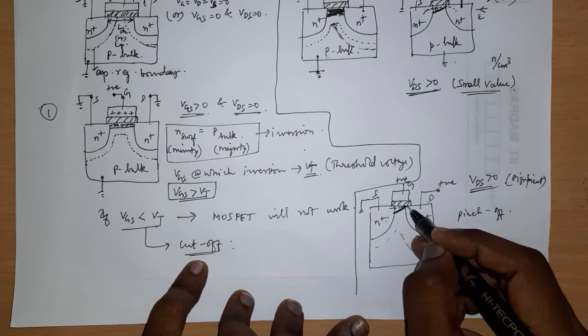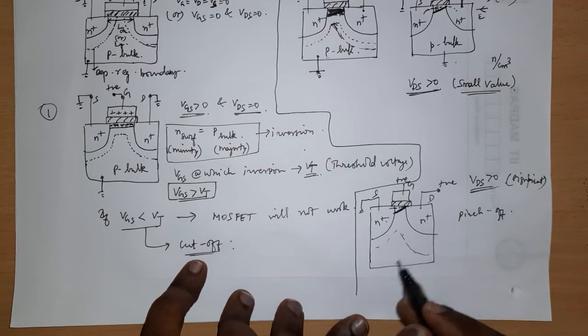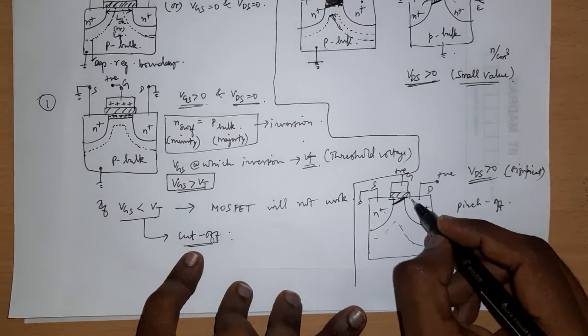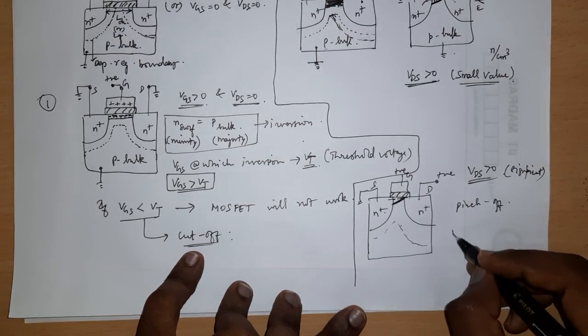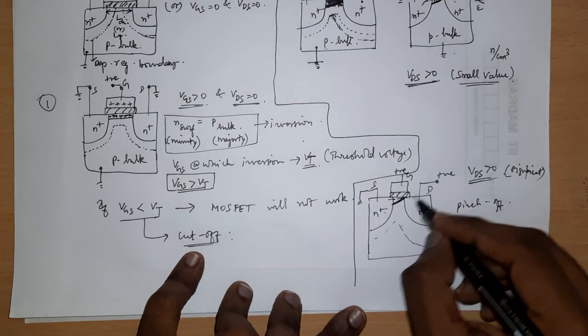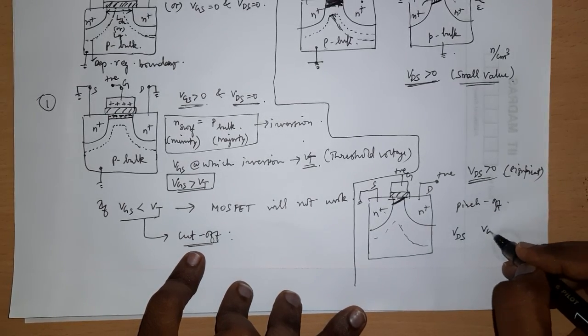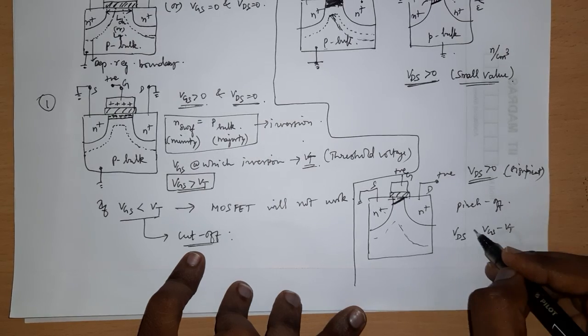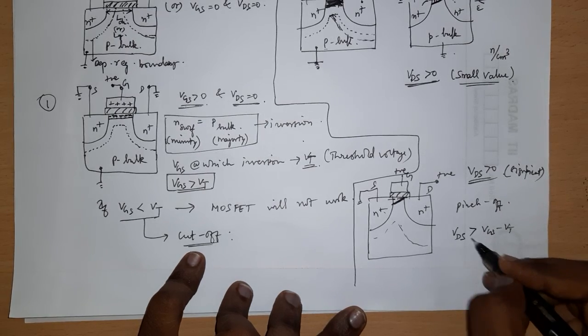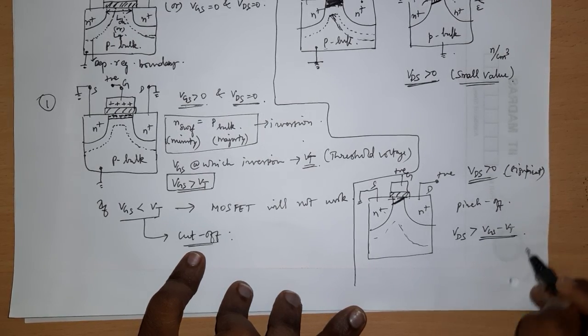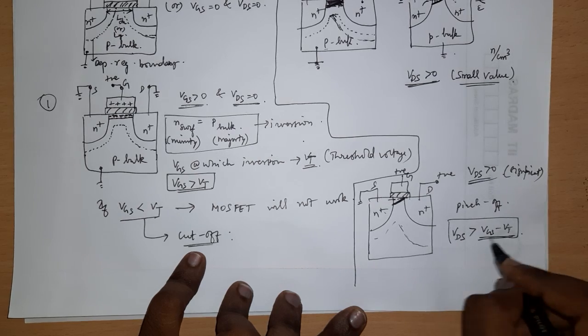There will be low speed here and very high speed here. That's how it works. The VDS at which the channel gets pinched off is VGS minus VT. If you have a VDS that is greater than VGS minus VT, then this channel gets pinched off.